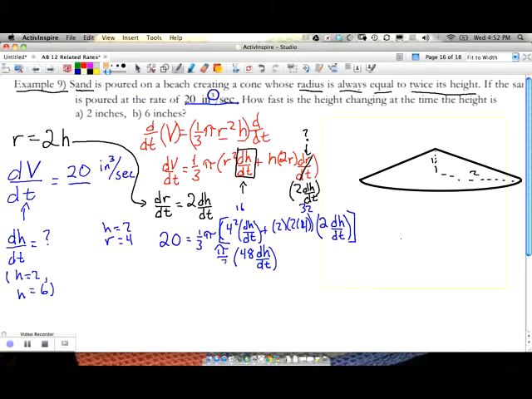We got this pi over 3 as well. And that's all equal to 20. So if I'm simplifying even more, I can simplify the 3 and the 48. That's going to make 16 over 1. Now to simplify both sides, I need to multiply both sides by 1 over 16 pi.